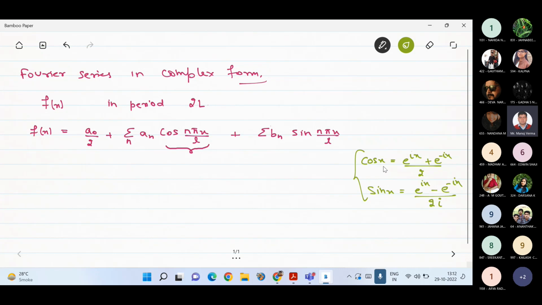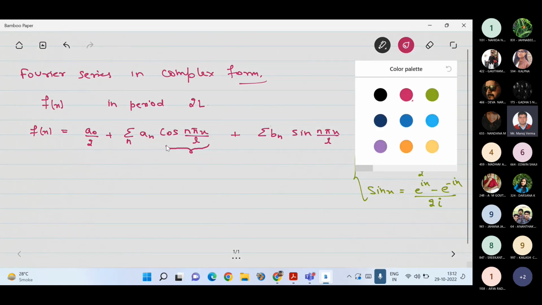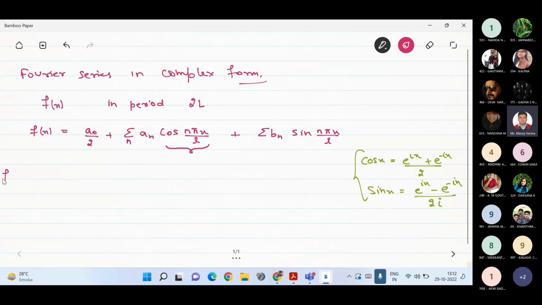So if I insert these instead of cos n pi x by L and sin n pi x by L and rearrange, then this Fourier series expansion will look something like this.